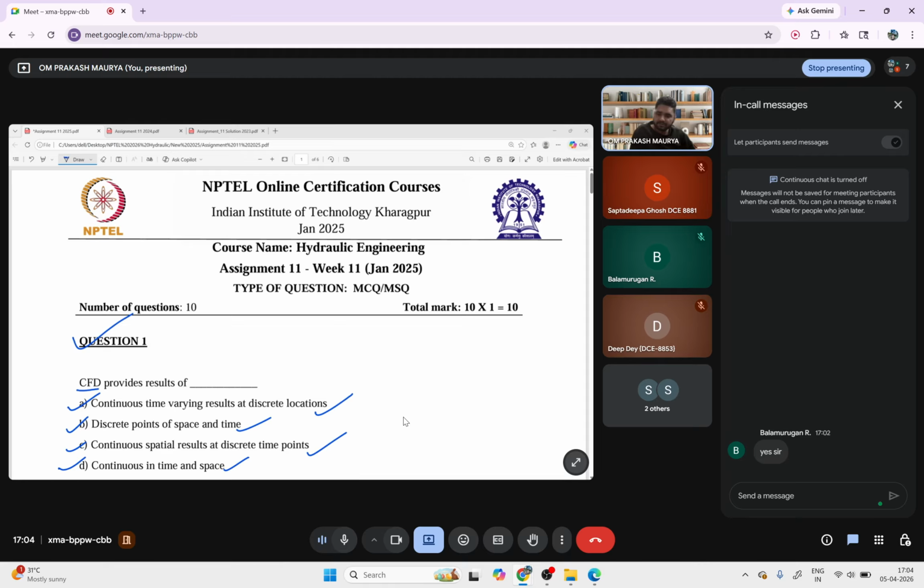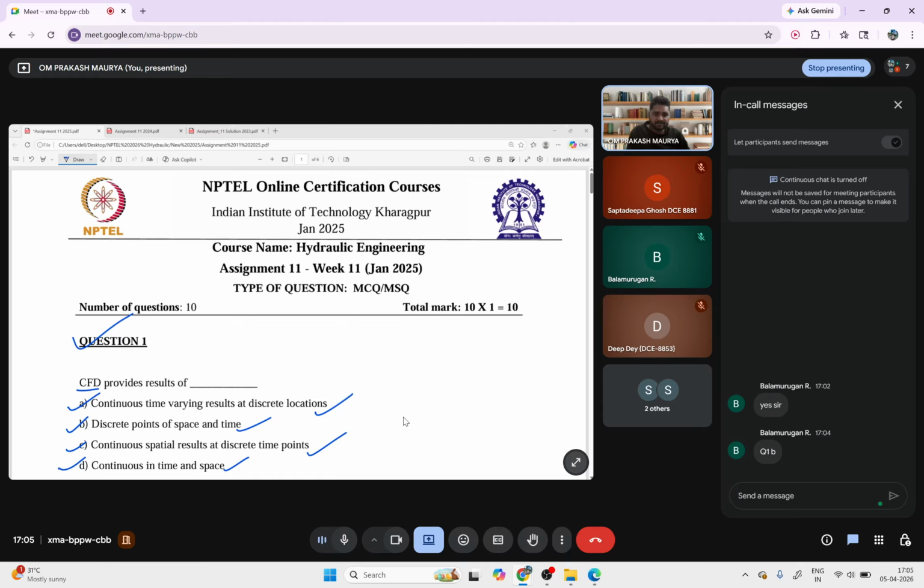Very interesting question. Bala is telling option B, discrete points of space and time. Okay, fine. Other students, please also recall your concepts, whatever you have learned, and write your answer in the chat box.